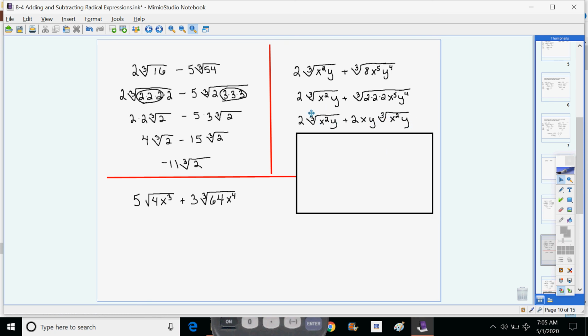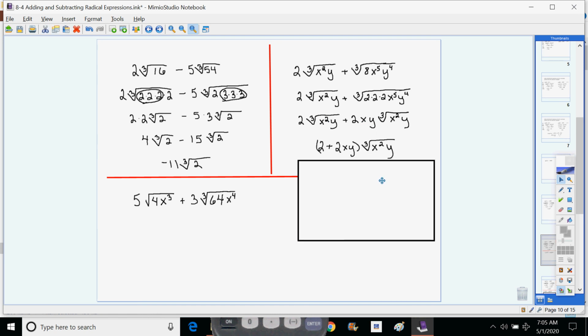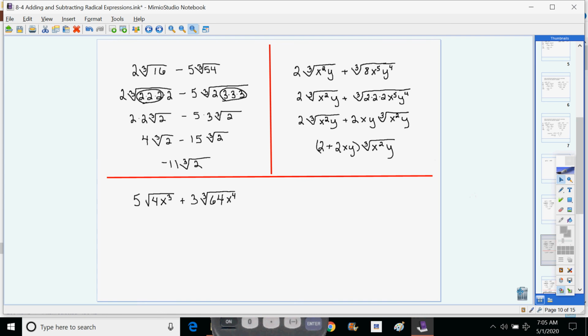Then we notice that these match up, so that's good. Same index, same radicand. The problem is that these things do not match up, so we can kind of bring them apart. We're kind of unfactoring here and have 2 plus 2xy and break it down like that.